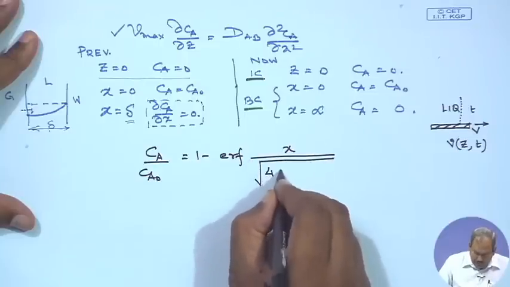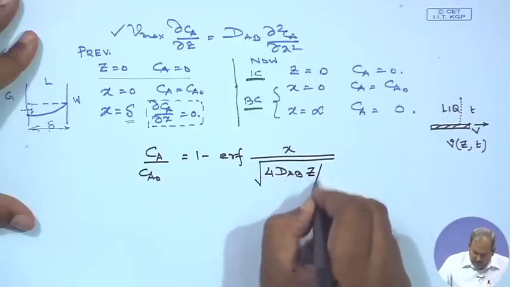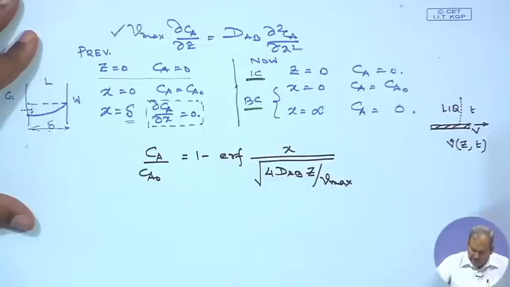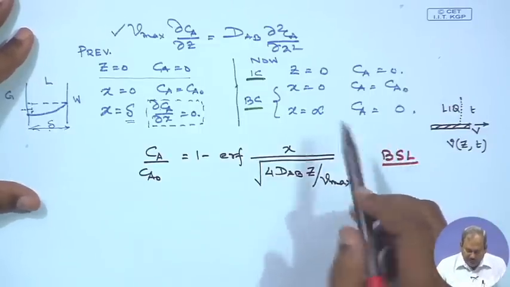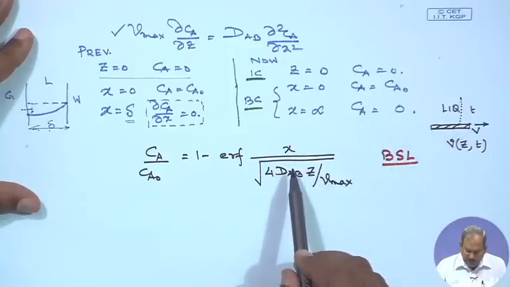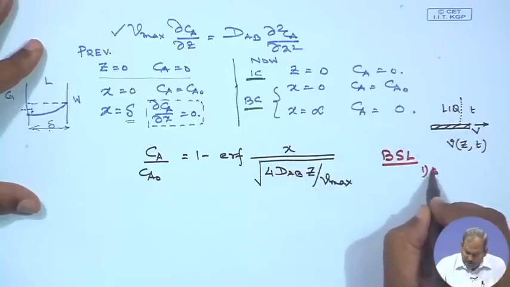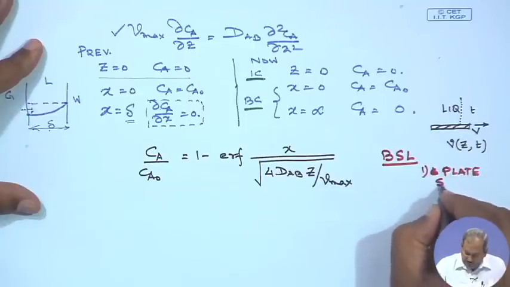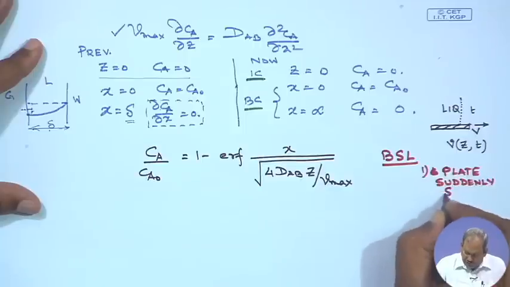but you can once again check how it is done by looking at your textbook, which is Bird, Stewart and Lightfoot. So, the type of situations which would give you error function solutions are when a plate is suddenly set in motion.